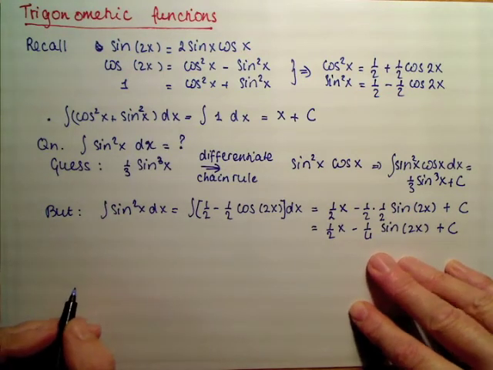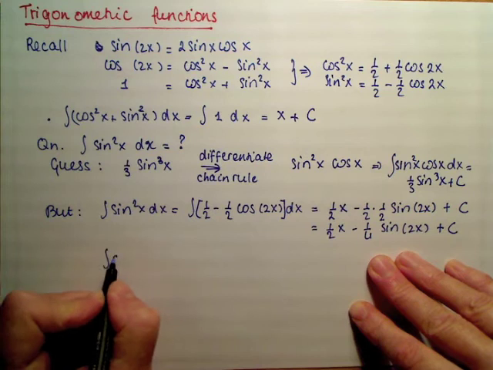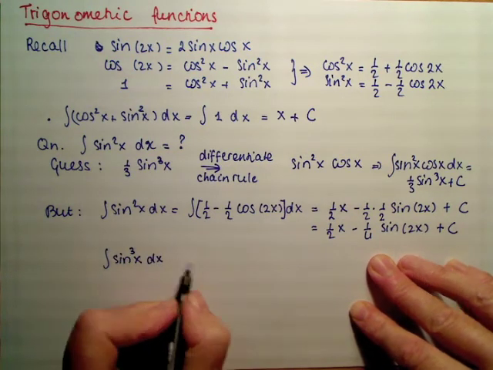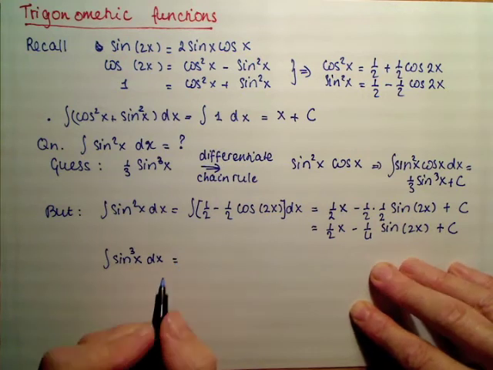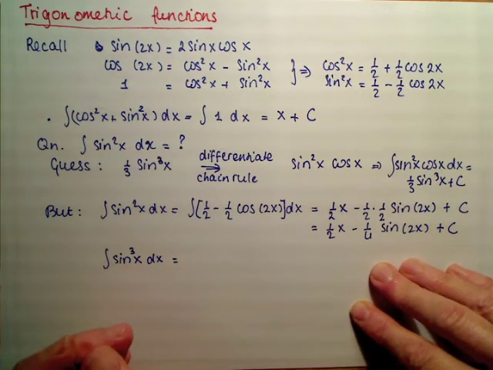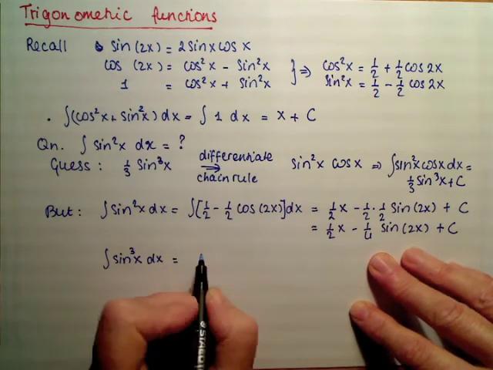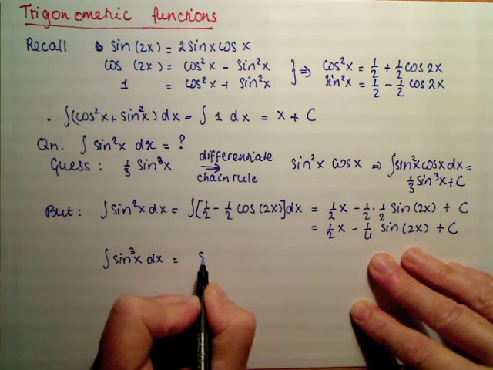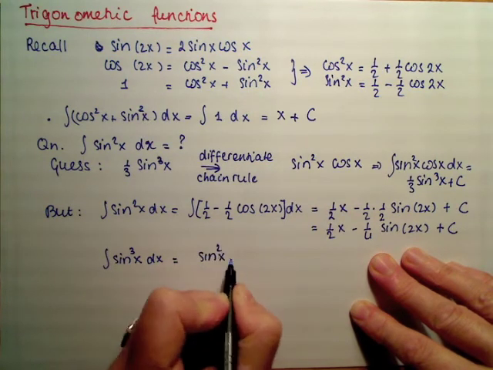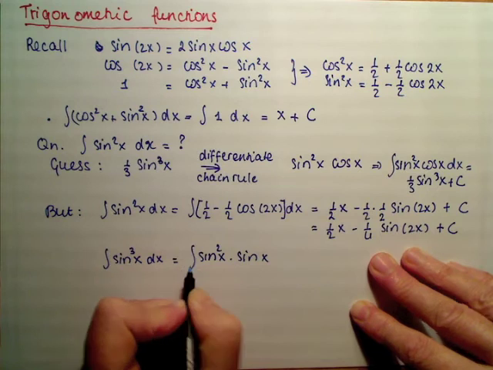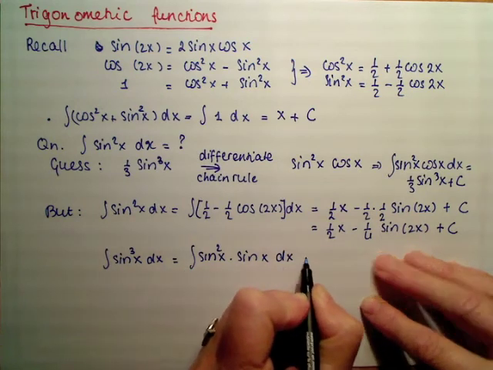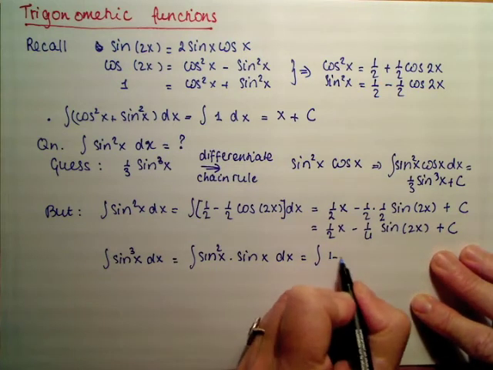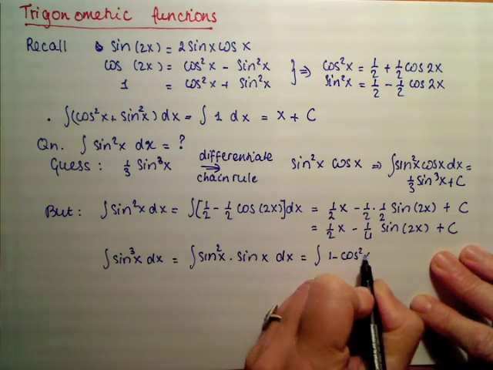Now suppose that we want to calculate the primitive of sine x to the power 3. Then again, a trick is to write sine of x to the power 3 as a product of sine of x squared multiplied by sine of x. Well, we don't do anything here, but we can replace sine of x squared by 1 minus cosine of x squared.